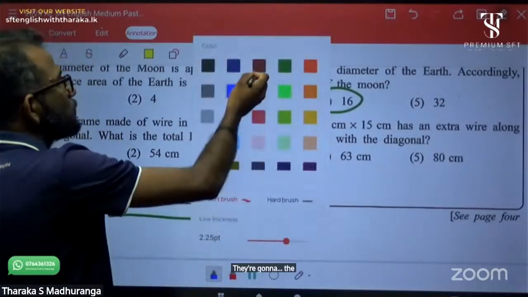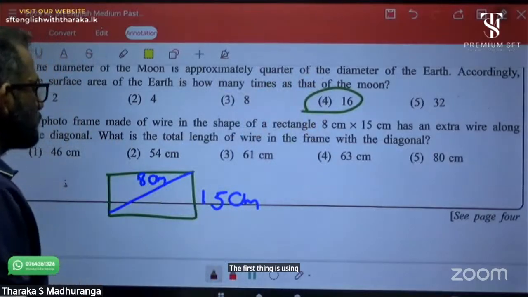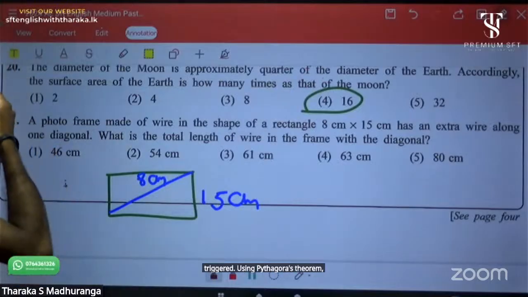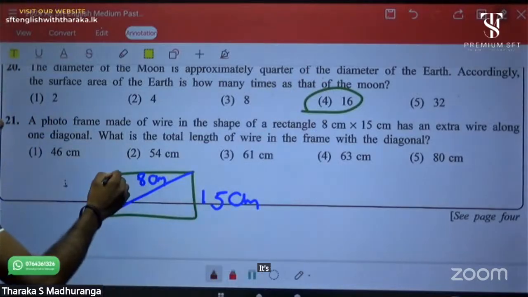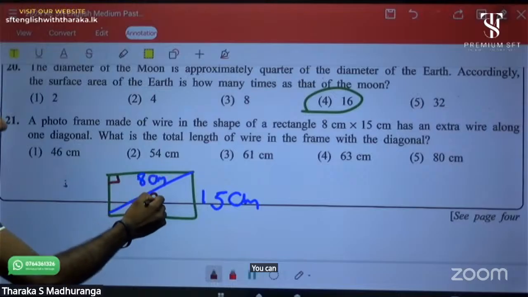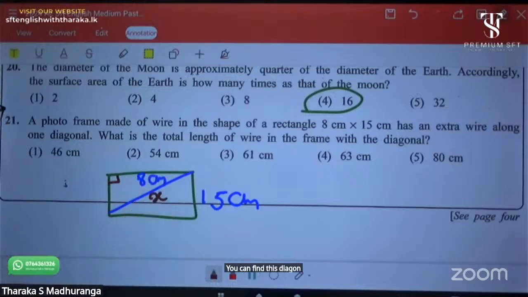The first thing is to use Pythagoras theorem. It's a right angle triangle. You can find this diagonal x.